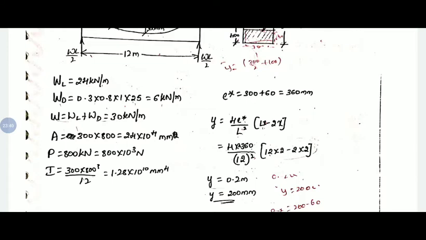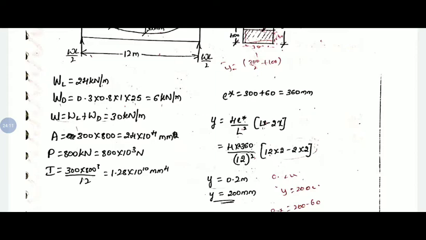Now we need to find out at a distance of 2 meter from the left support. If you consider midspan, it is 6 meter, but we need to concentrate at 2 meter from the left support. Since it is a parabolic cable, first we need to find out the depth of the cable at that particular section, that is 2 meter away from the left support.